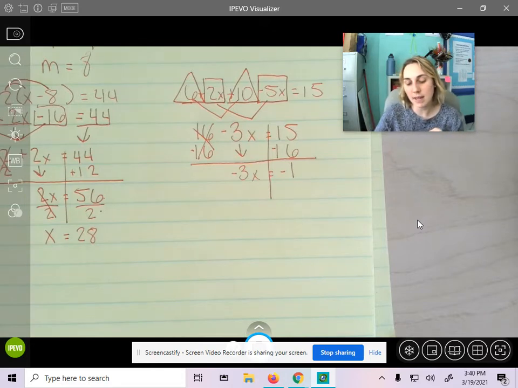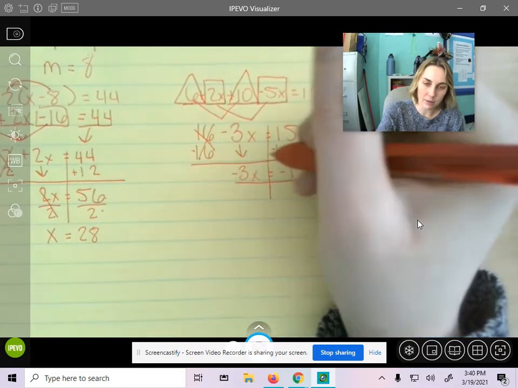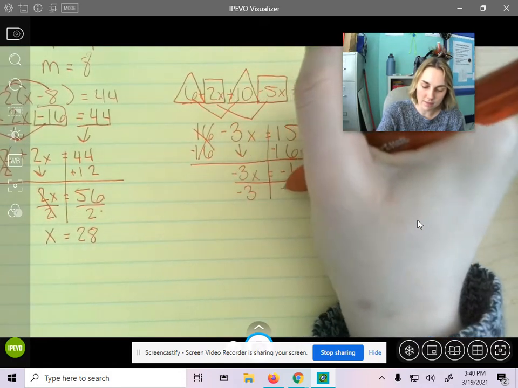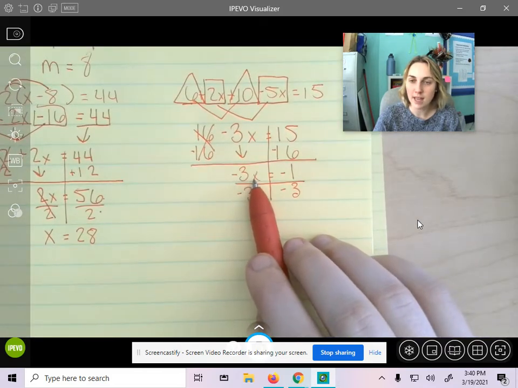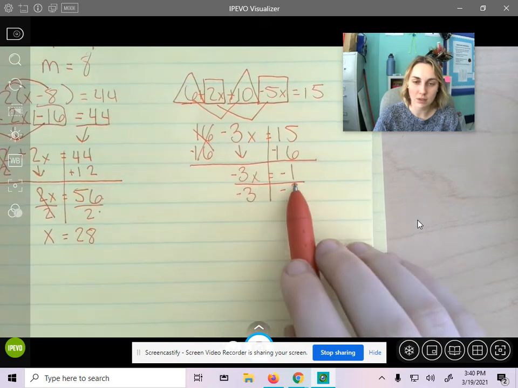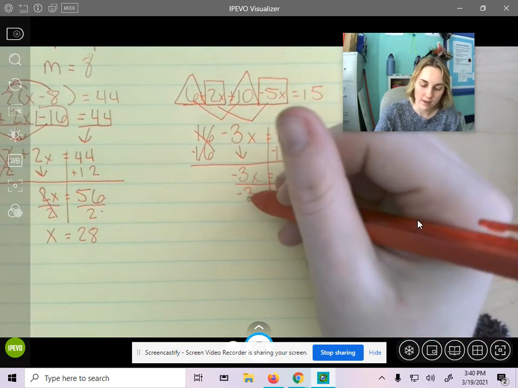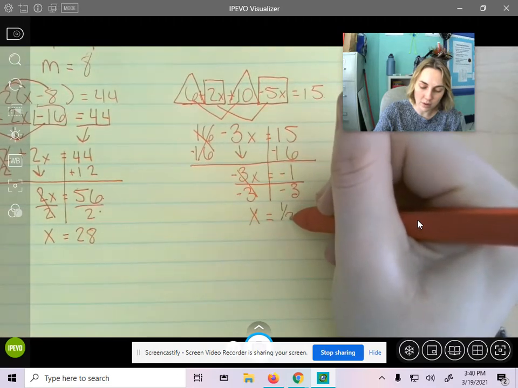All right, and then my last step is I have to divide both sides by -3 because -3 was getting multiplied by x, so I had to do the opposite of multiplication, which is division, and whatever I do on one side, I have to do on the other side as well. These cancel out, so that leaves me x is equal to 1 over 3.